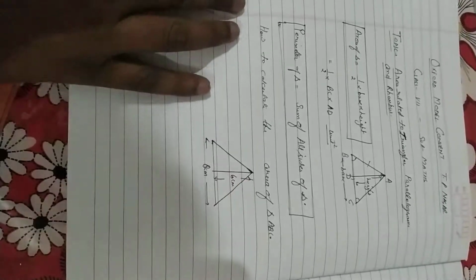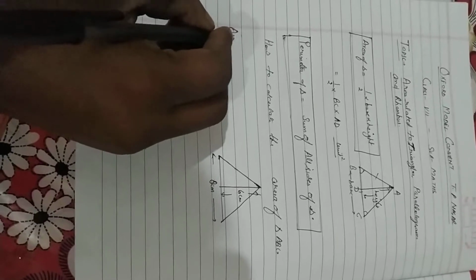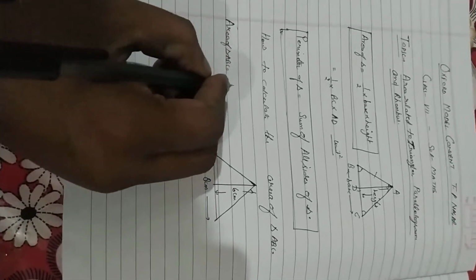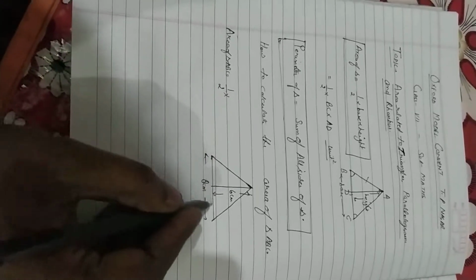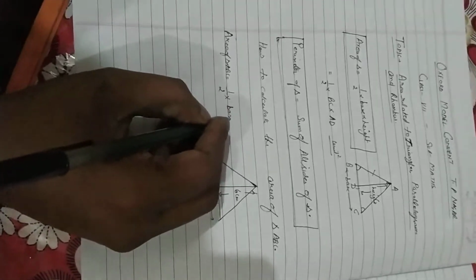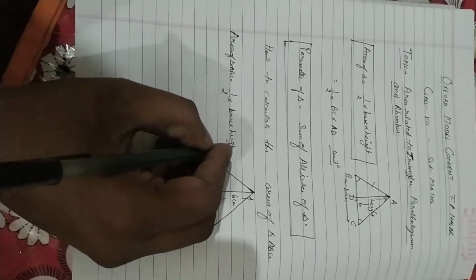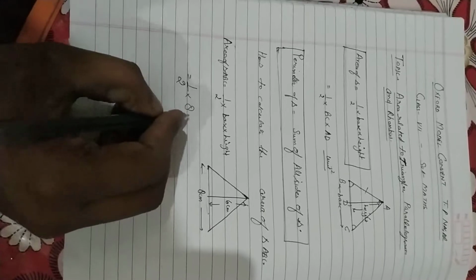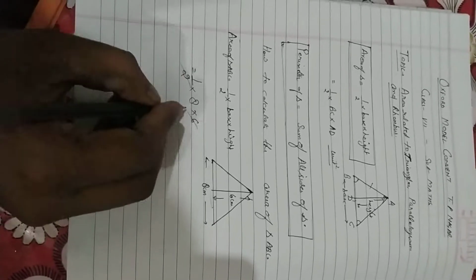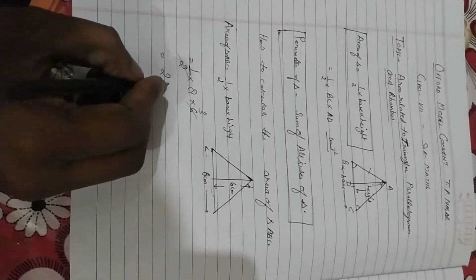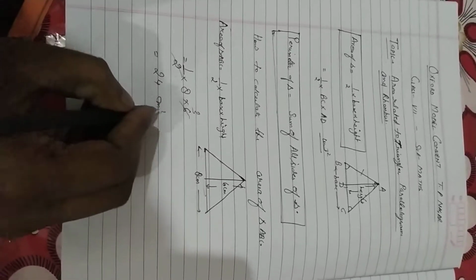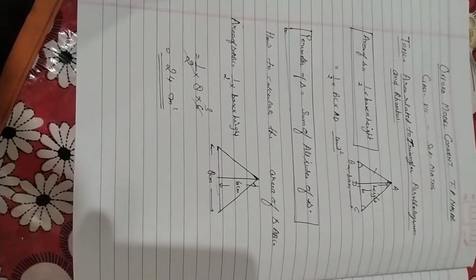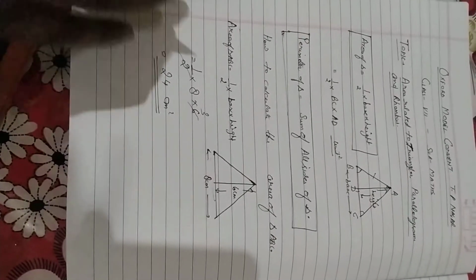Then you will calculate the area of the triangle. The area of triangle ABC is 1 by 2 base and height. So 1 by 2 into base 8 centimeter into height 6 centimeter. Then you multiply, and you will get 24 centimeter square. This is your answer to that particular question.